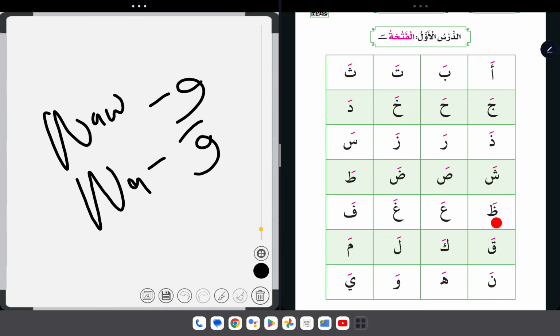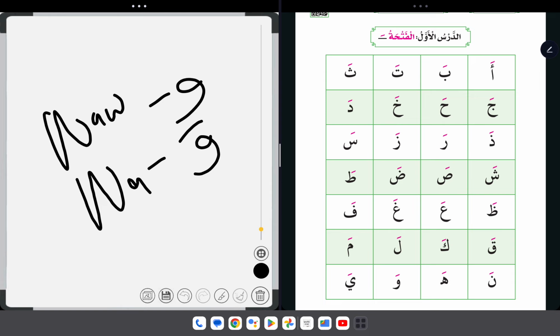So vo, a, gha, fa, qa, ka, la, ma, na, ha, wa, ya.